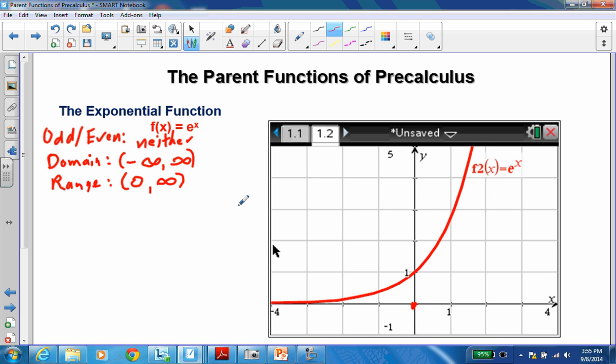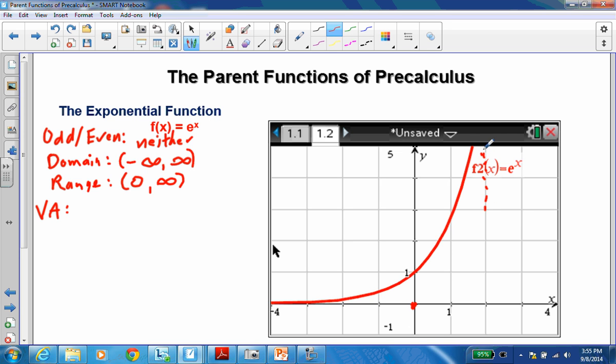That's why. Okay, next, vertical asymptote. Is there a vertical asymptote? No. Is it coming to infinity? If we go to the right, is this thing approaching something? Yes.